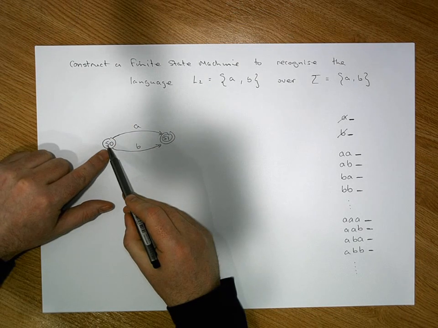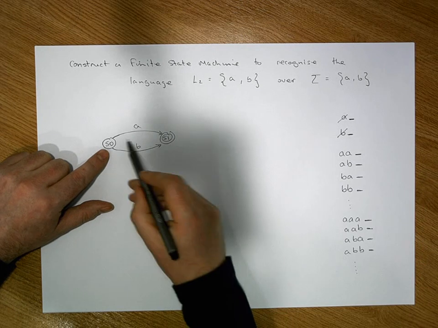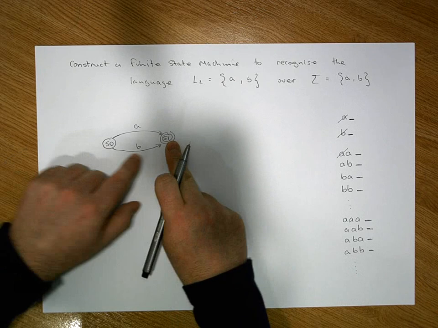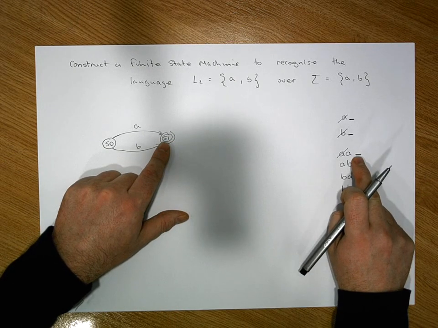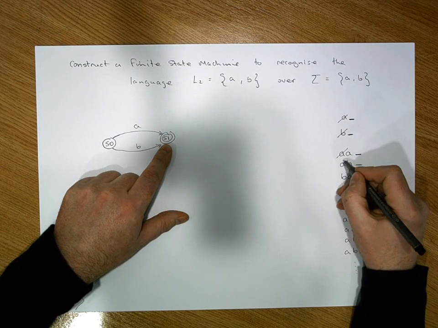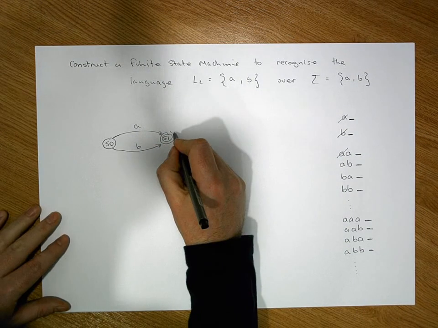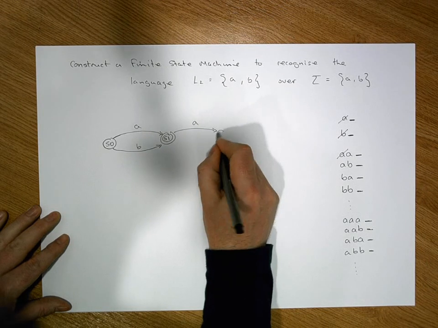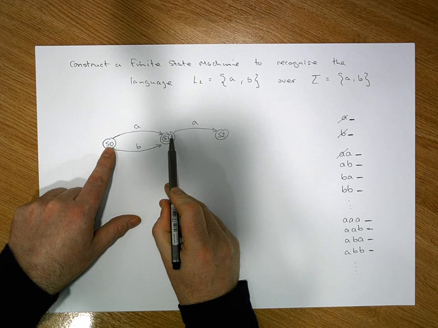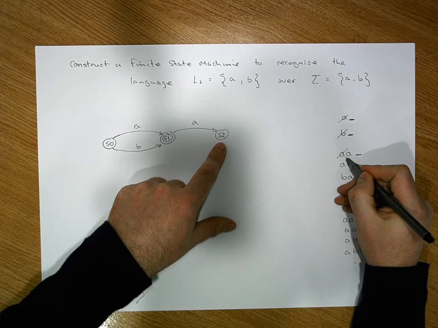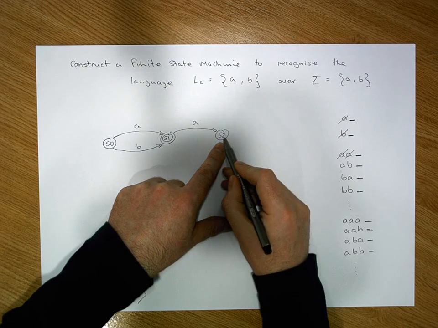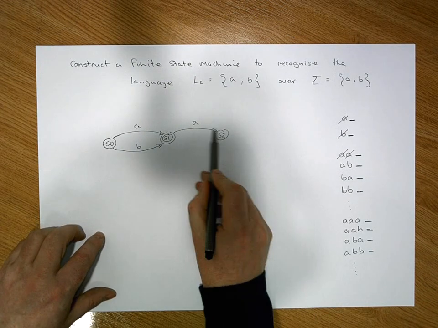If I pass in an AA, this machine will consume an A, taking me to S1. It hasn't reached the terminating symbol, so it won't ask whether it's in a final state, but we should consume another A, and that word isn't in the language, so on an A we go to a state that's not a final state, and let's call that S2. Now this machine will consume an A followed by an A, and then ask, am I in a final state when I reach the terminating symbol? Which it's not, so it doesn't recognize AA.